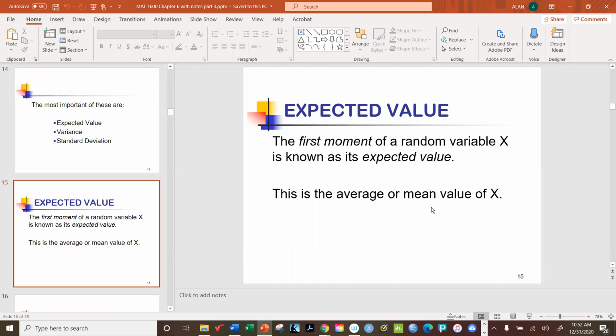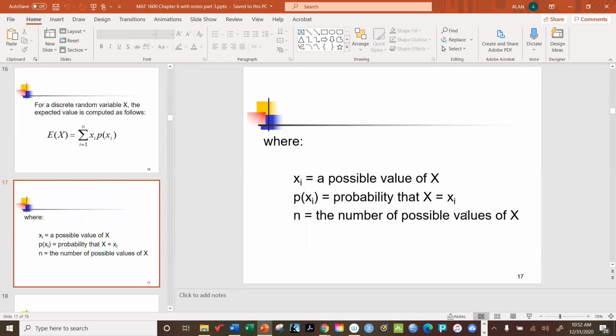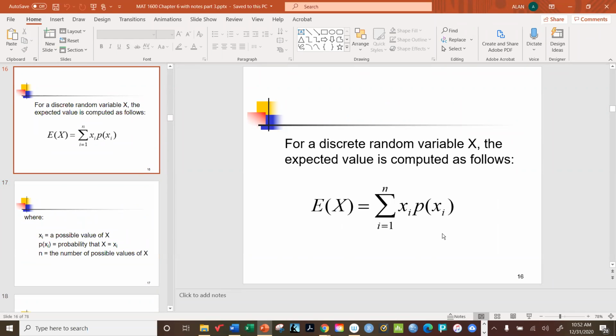The expected value or mean is simply an average. It's a weighted average, specifically where you can think of the probabilities as weights. This is just like we saw in chapter 3, except that instead of frequencies, we have probabilities. You multiply these together, add them up, and you're all set.